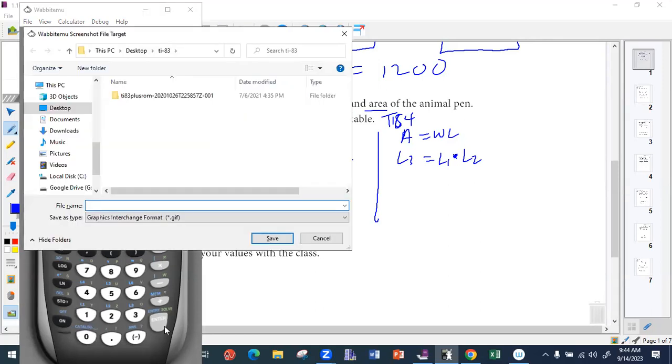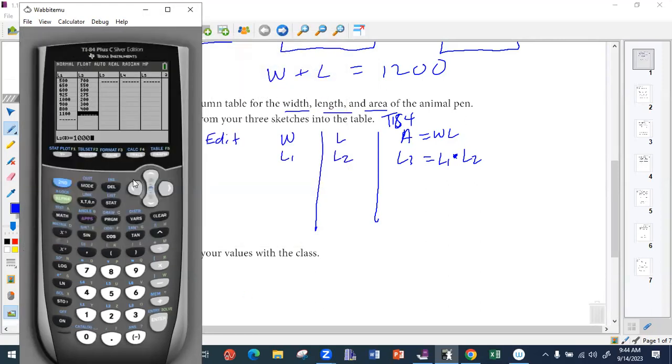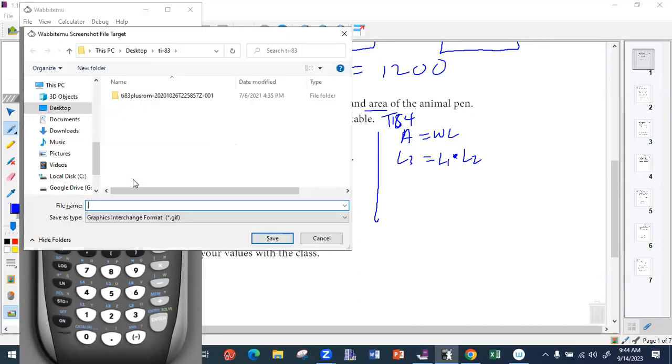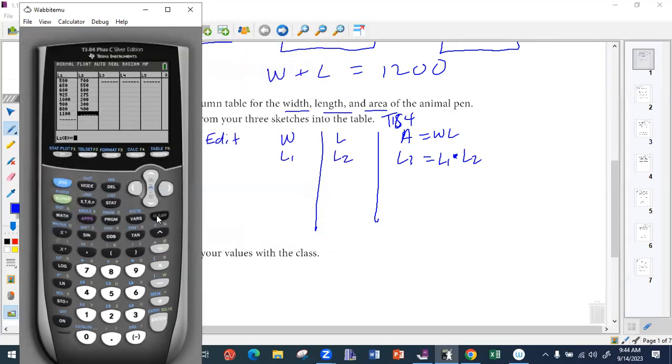You said 100? Yes, 1100 by 100. And again, the key thing is my length and my width have to equal what? 1200, right? Okay. Any other ones that y'all had written down?